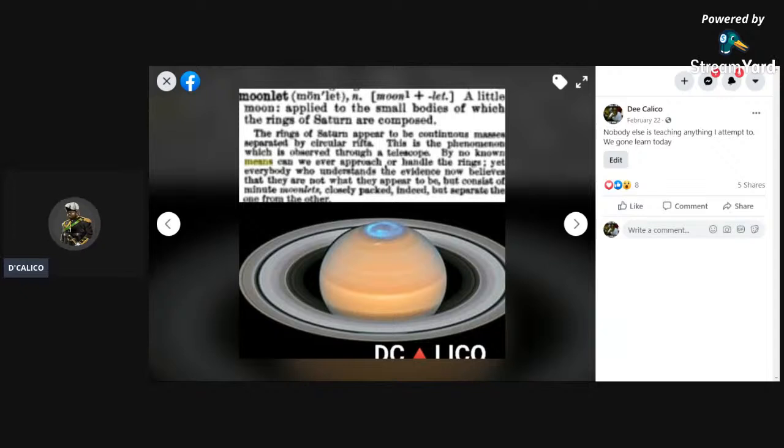By no known means can we ever approach or handle the rings. Yet everybody who understands the evidence now believes that they are not what they appear to be, but consist of minute moonlets, closely packed, indeed, but separate the one from the other.